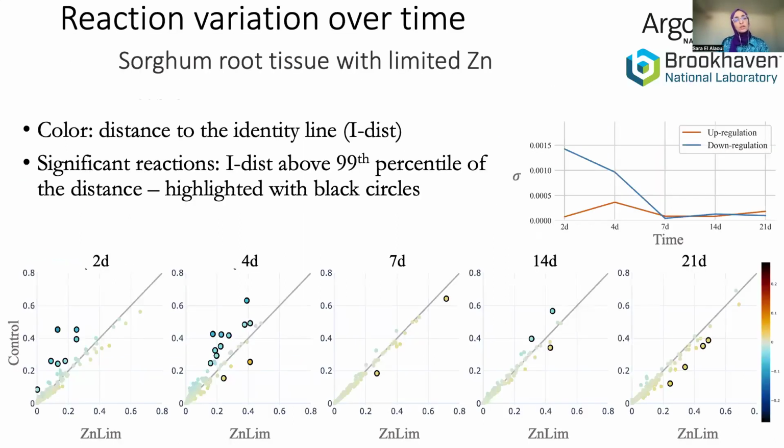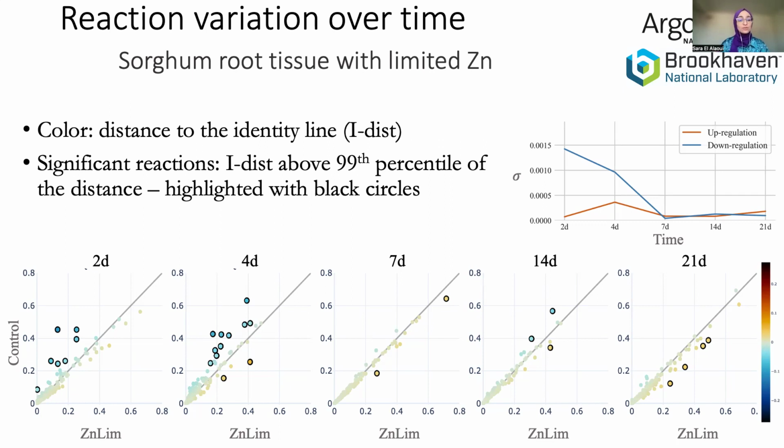We can also analyze the network as a whole just using reaction expression scores. This is a scatter plot of RES of each reaction, so each dot here is a reaction. The x-axis is the score under limited zinc, and the y-axis is the score under control. Any point that's to the left of the identity line would be a reaction that has a higher score under the control, so we say it's downregulated under limited zinc.